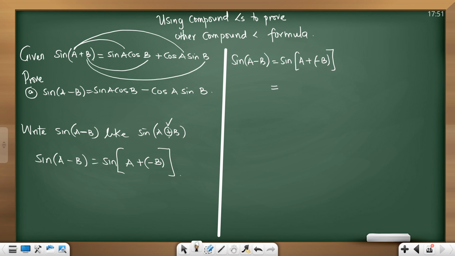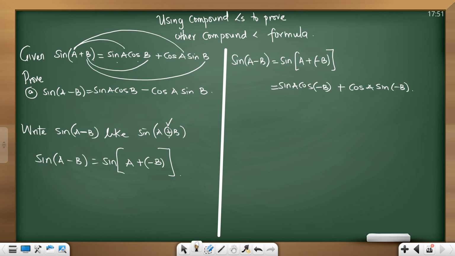If we follow that, what are we going to have? Sine A cos, because I'm following this formula, sine A cos B. But what is my B now? Negative B, plus cos A sine negative B.